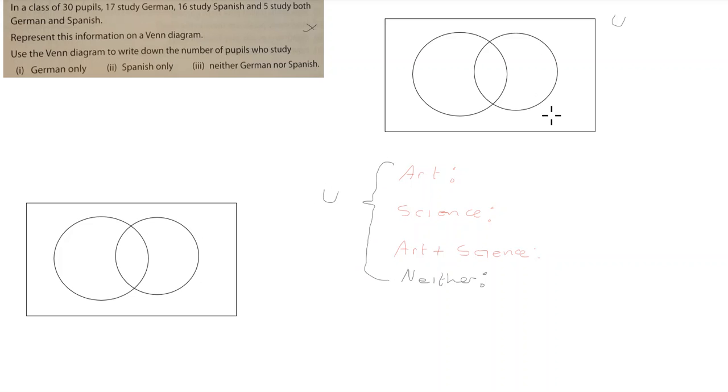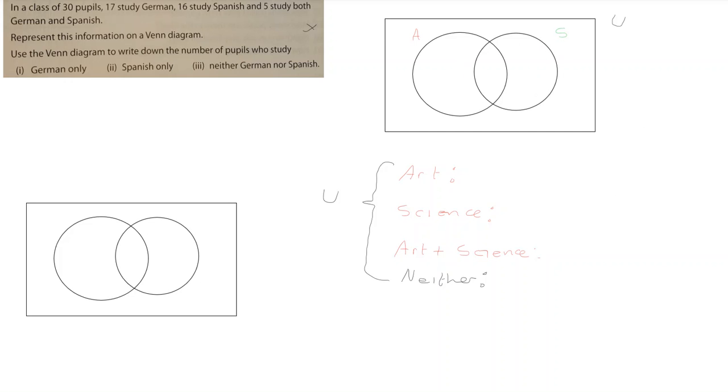It's just all the students in the school, let's say. We could call the set of students that do art, A, the set A, which is represented by this circle. The students that do science, we call S. And then the intersection here would be the students that do art and science.